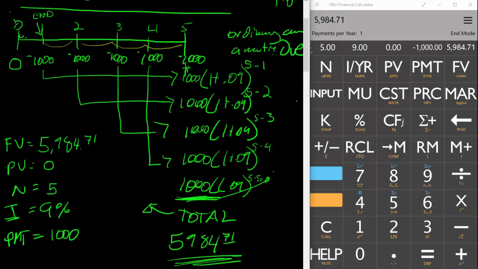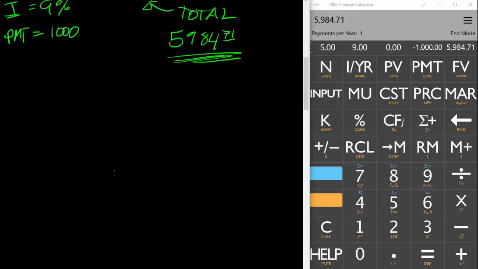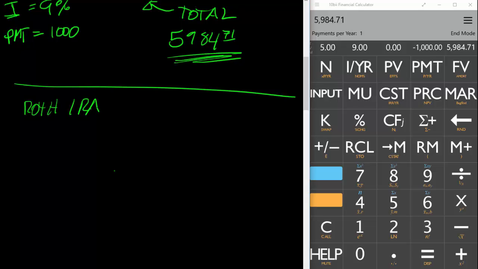A good practice problem would be to look at, say, a retirement account. Okay, let's pretend that you open a Roth IRA. And I'll talk about Roth IRAs way later in this class. But we create our cheat sheet: future value equals whatever, present value, N, I, and my payment.